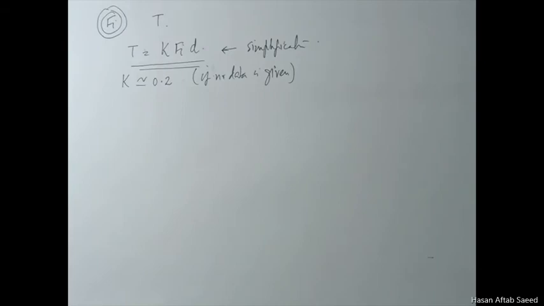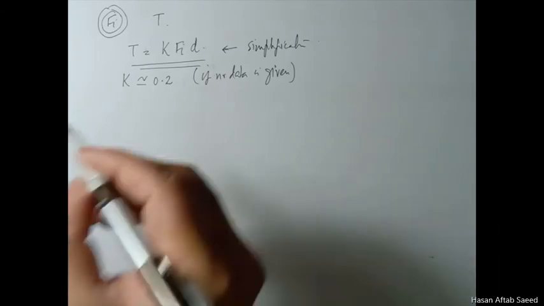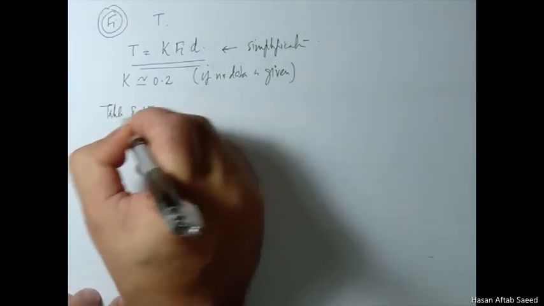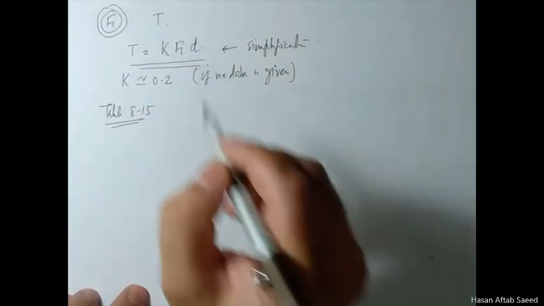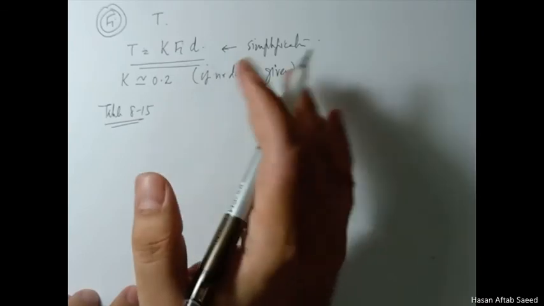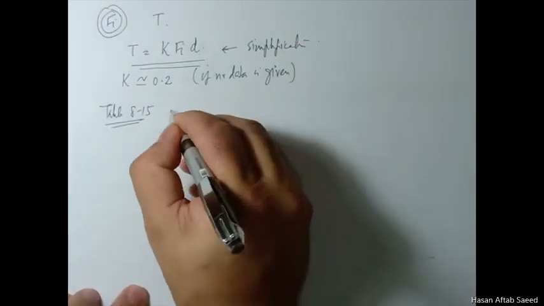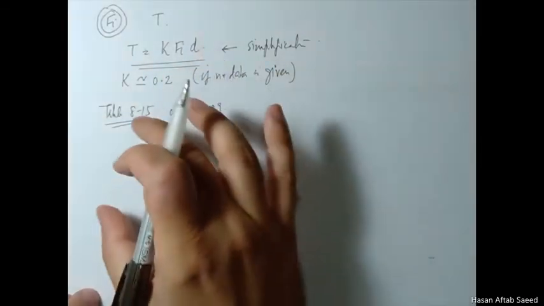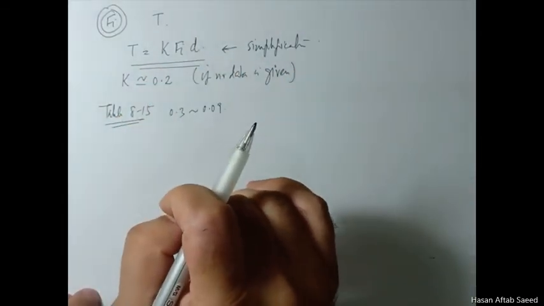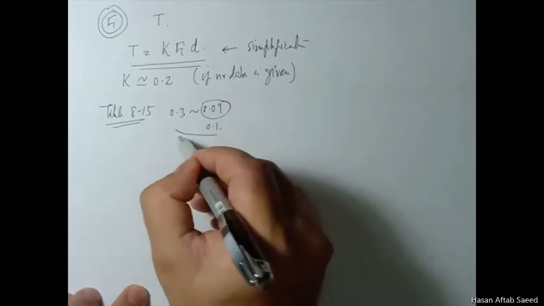And the reason being, if you want to be exact about it, and empirically we have verified this, there is a table 8-15 in your book, and that gives you the values for this K for lubricated bolts and non-plated or zinc plated, and there's a lot of detail there, and the range there is from 0.3 to about 0.09 for different situations of material and lubrication. Now if you take this as around 0.1, then the average comes out to be 0.2.